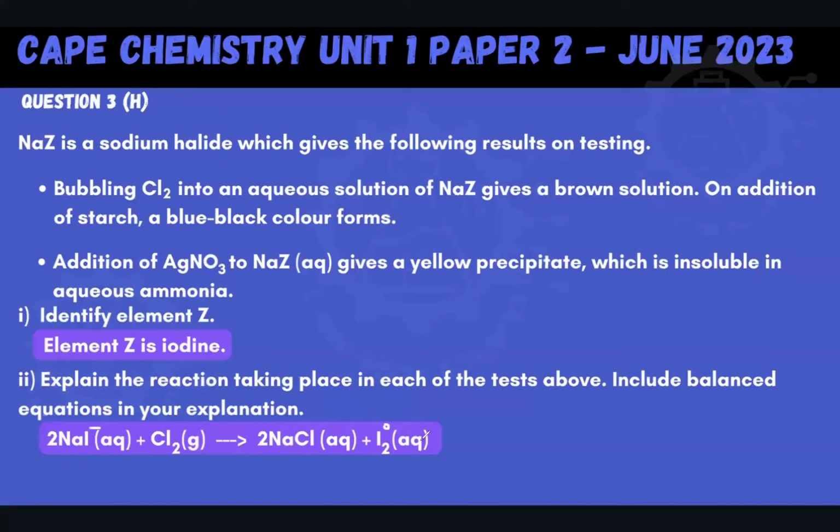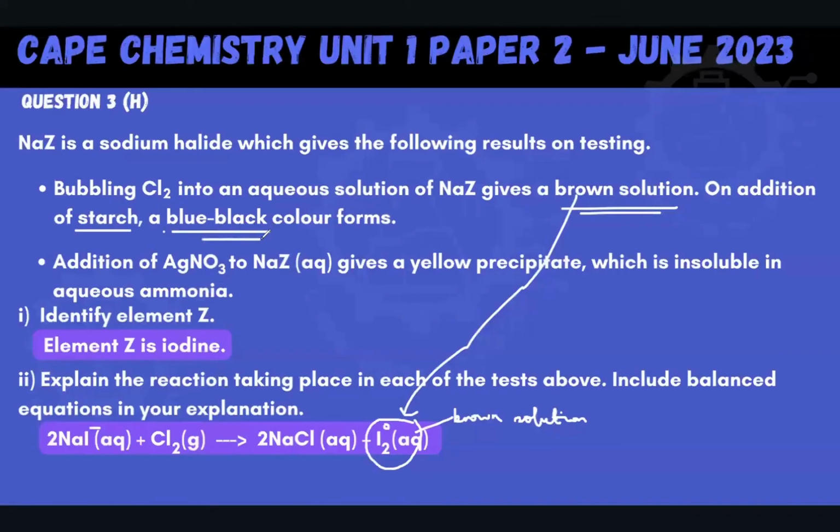Now, it turns out that this whole thing forms a brown solution, and that's what they told us in the tests that were done up here: a brown solution was formed. I know that that brown solution is my I2 aqueous. Further, I know that when the I2 reacts with starch, it's going to form a blue-black color.